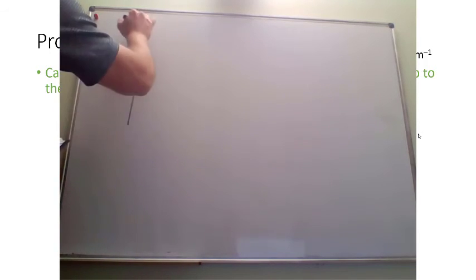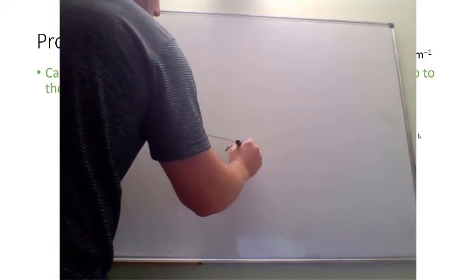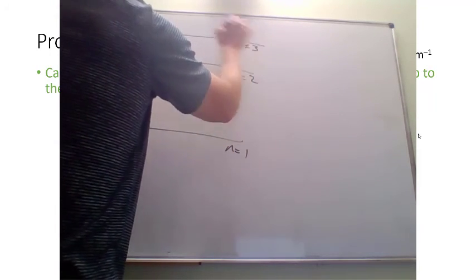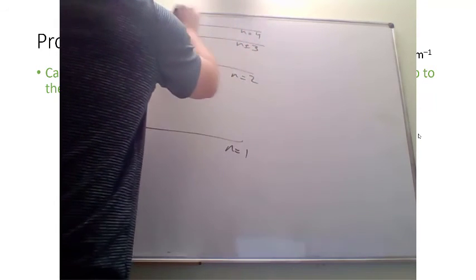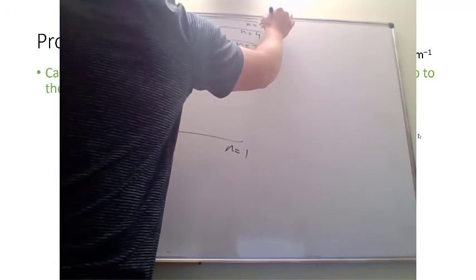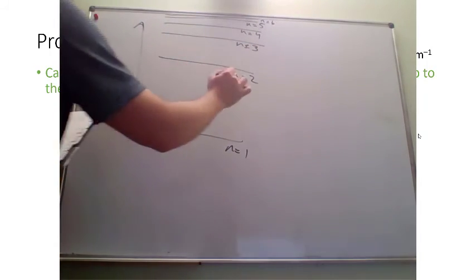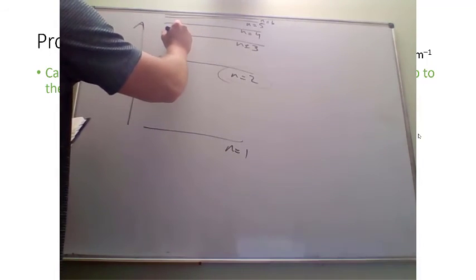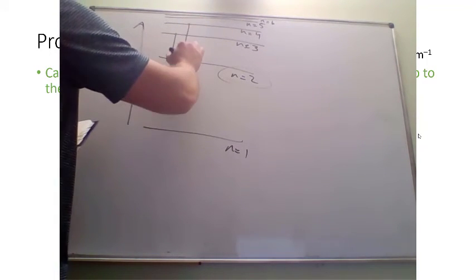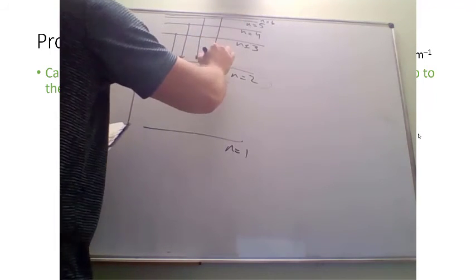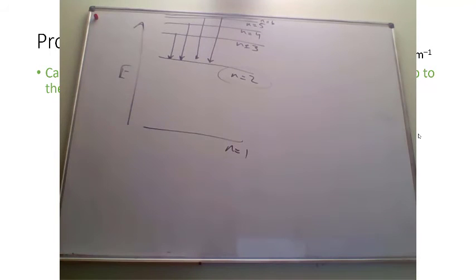If we have our energy level diagram, where we have n equals 1, n equals 2, n equals 3, n equals 4, n equals 5, and then all the way at the top, n equals 6, then Balmer series means returning back to n equals 2. So we're talking about transitions from 3 to 2, 4 to 2, 5 to 2, and from 6 to 2. So we need to do the Balmer-Rydberg equation for each of these different transitions.